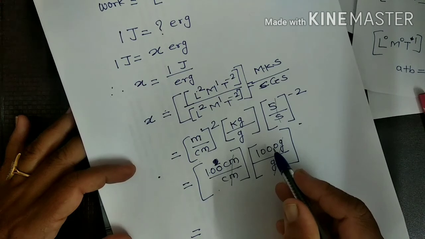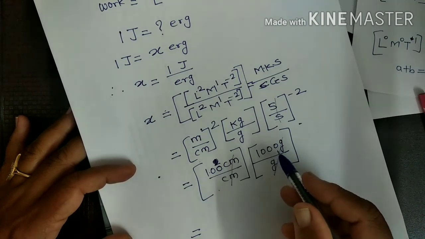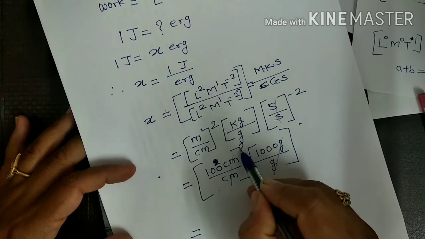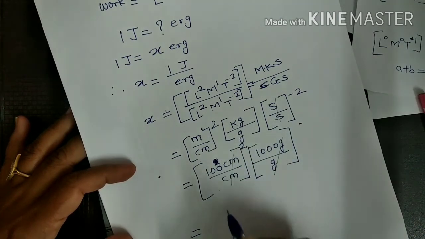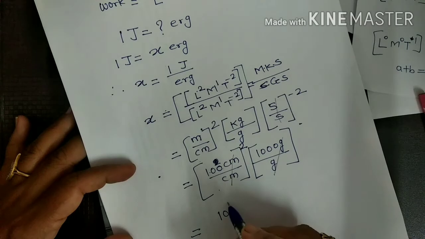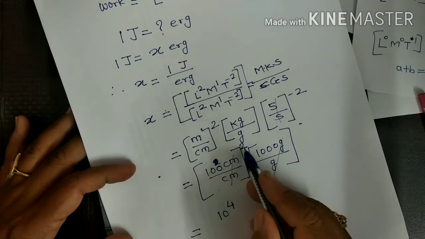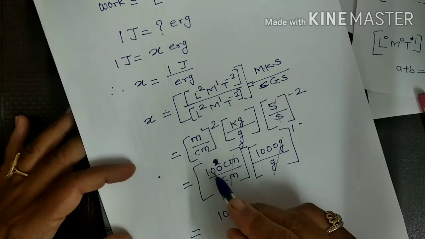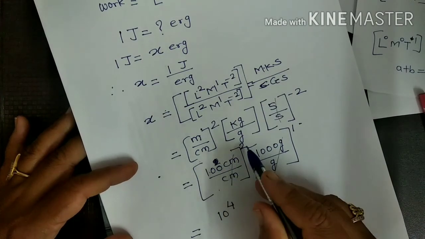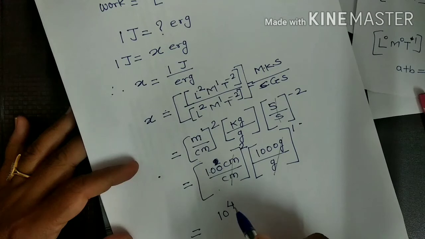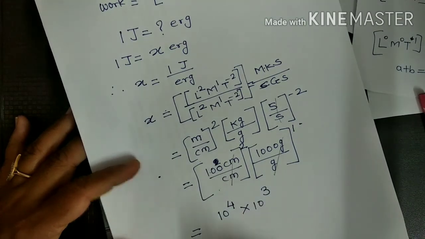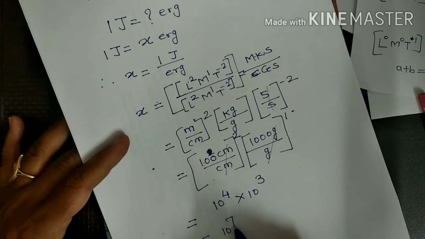Here we are taking the square now, so 10 raised to the power 2 whole squared, that is 10 raised to the power 4, multiplied by 10 raised to the power 3, that is 10 raised to the power 7.